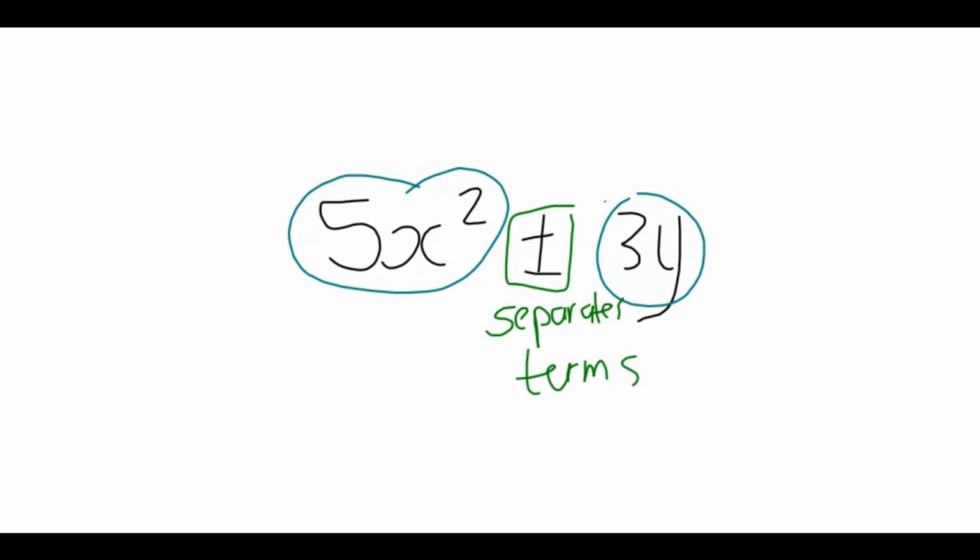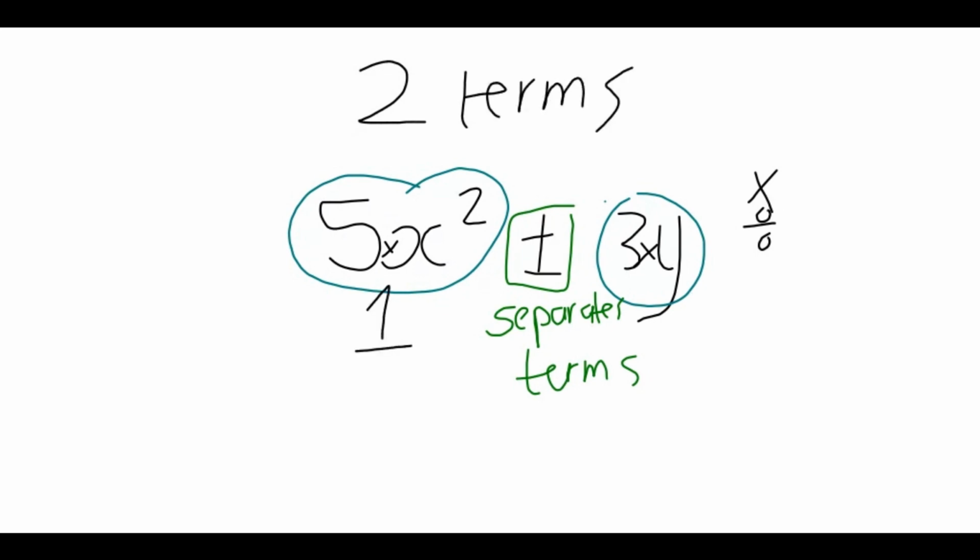And when you have a multiplication, like you actually have here 5 times x squared or 3 times y, that makes it one term if you have a number with that. So this is one term and this is a second term. Remember that when we're working with these things.